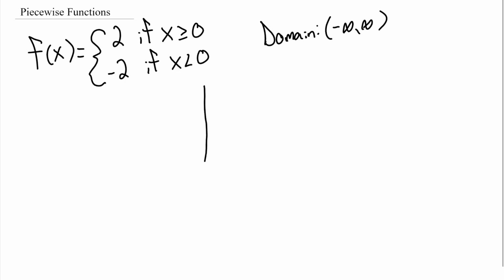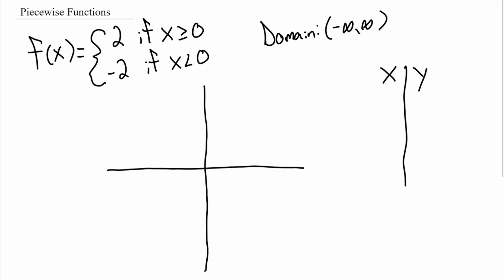So what this function would look like, if we graph it, maybe we could go ahead and make an XY chart actually. So let's do 0, 1, 2, negative 1, negative 2. Any point that's greater than or equal to 0 will fall under the first part of the function, and it'll be 2.